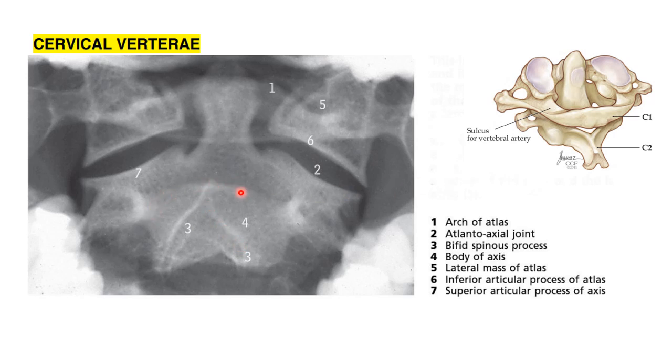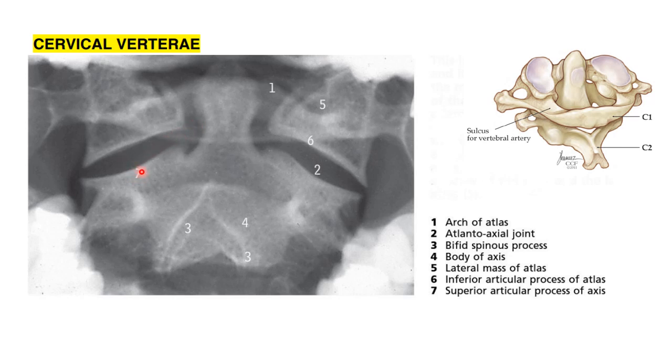And okay, the body of the axis is this. That's the body of the axis, though we cannot make it out clearly because it is covered by the posterior arch of the atlas here. So here you can make out the body of the axis, and what remains is the superior articular facet of the axis, which articulates with the inferior articular facet of the atlas.